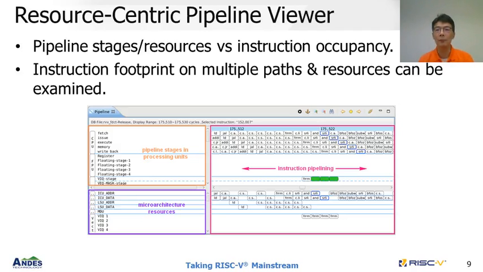This view is suitable for instructions that pass through multiple processing pipelines that will be overlapped in clock cycles. The instruction-centric view can only show one of these multiple overlap stages, but the resource-centric pipeline view can show all of them.